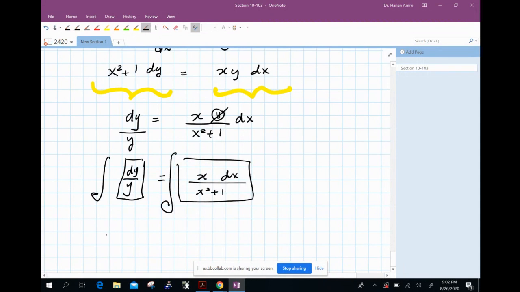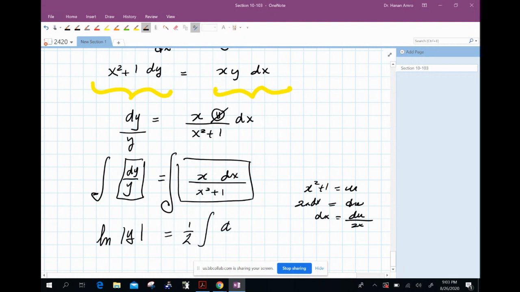The integration of 1 over y is ln of the absolute value of y. For the other side, we say x squared plus 1 equals u. Therefore du equals 2x dx, so x dx equals du over 2. So we have a half times du over u.